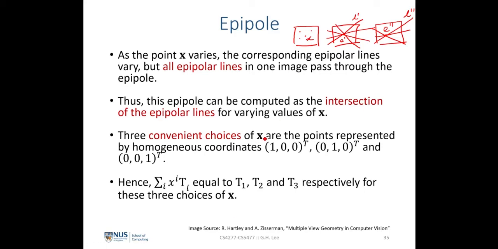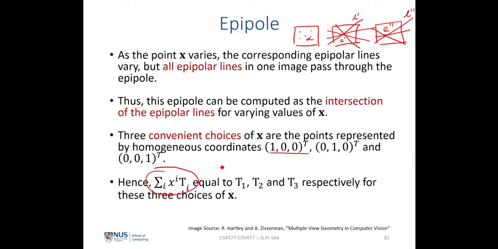Three convenient choices for x over here would be the homogeneous coordinates 1, 0, 0, 0, 1, 0, as well as 0, 0, 1. The reason why these three are convenient choices is that we have to compute the left and right null spaces of this equation over here in order to get the respective epipolar line. We can evaluate by, for example, taking this 1, 0, 0 over here as x.